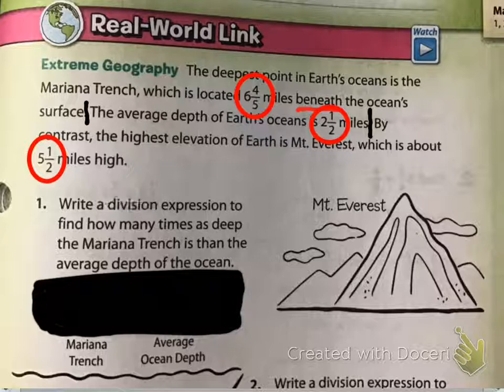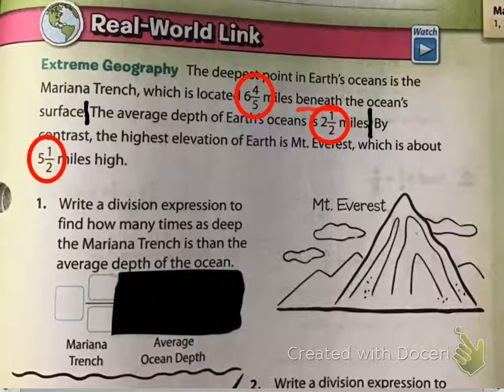And Fernando was right. We write a division expression to find out how many times as deep the Mariana Trench is than the average depth of the ocean. So here we've got our Mariana Trench and we write it out. How deep is the Mariana Trench? Rocco? 6 4/5. Excellent.